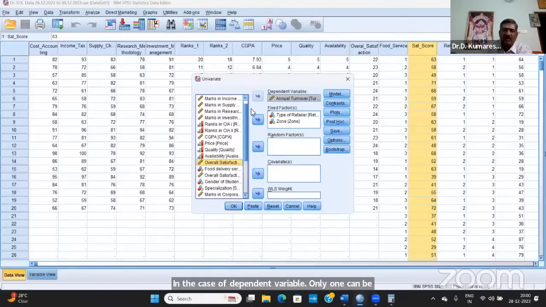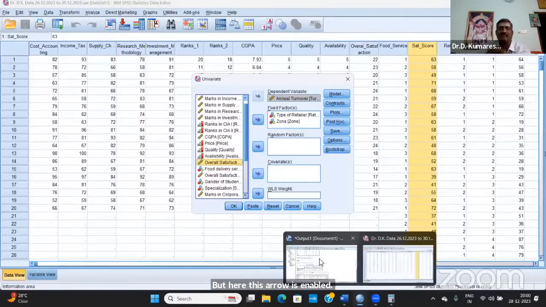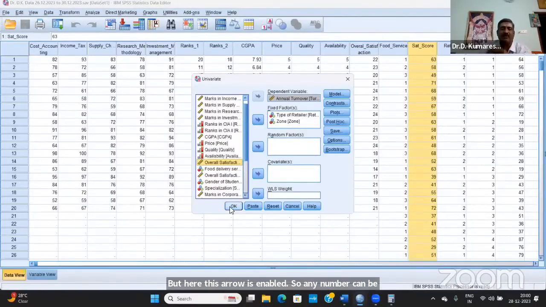No. Look at this, the arrow is disabled. And here it is shown as dependent variable, not dependent variables. It is not given in plural form. It is given in singular form. It means there should be only one dependent variable. But here this arrow is enabled. So any number can be added. That's all. Now we click OK.